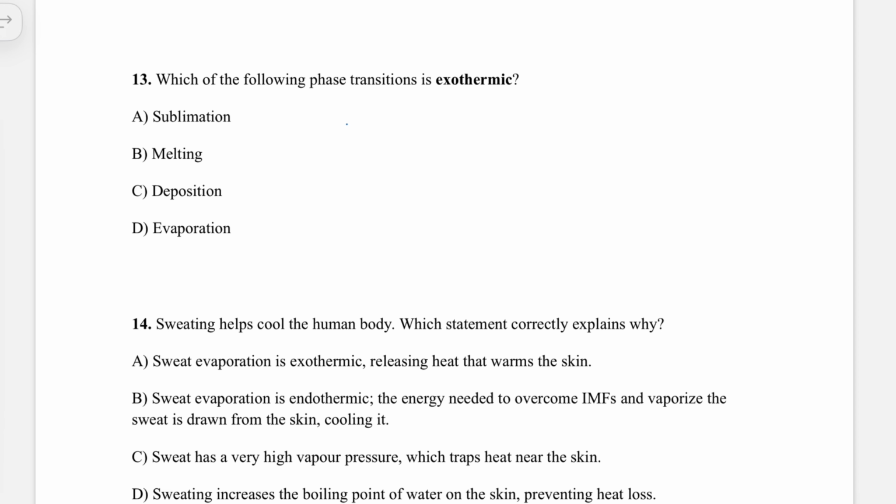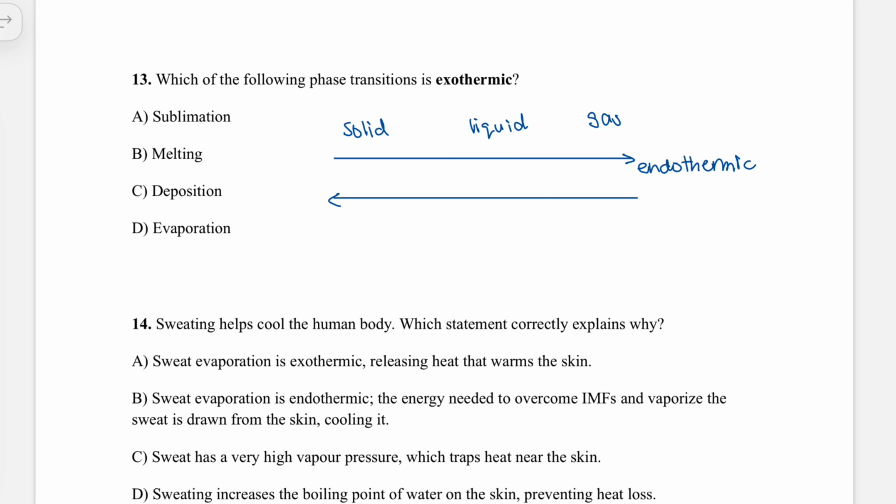So all reactions that move in this direction, so they become more gaseous or they become less solid, I guess, all of these are endothermic because it requires energy to break those IMFs and thus turn it into a liquid or a gas from a solid. And then all the reactions that go this way are exothermic because it's releasing energy by allowing for those IMFs to form.